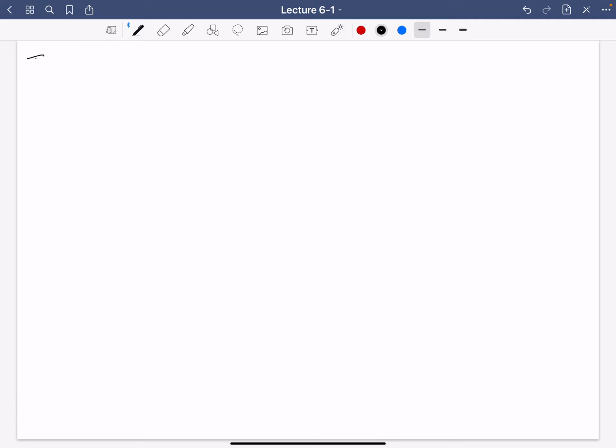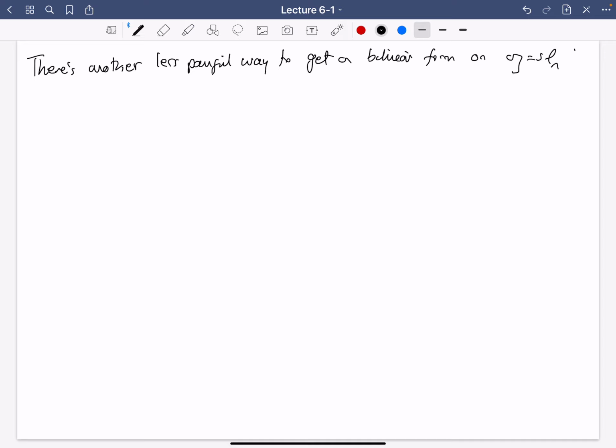There's another way to go. There's another less painful way to get a bilinear form. Let's just look at maybe SLn for bigger n than 2.